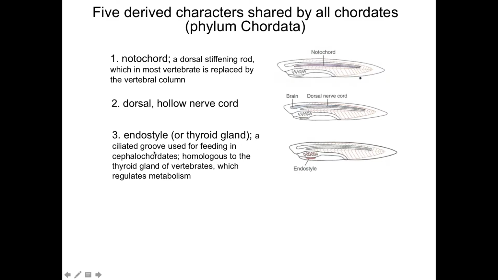The endostyle is a ciliated groove used for feeding in the cephalochordates, and it's homologous to the thyroid gland of vertebrates, which regulates metabolism.